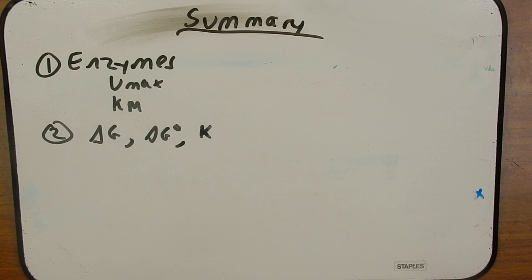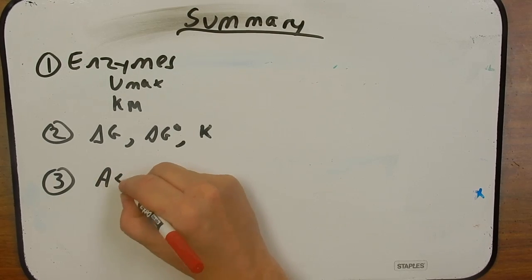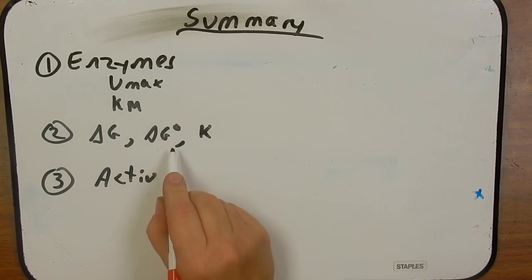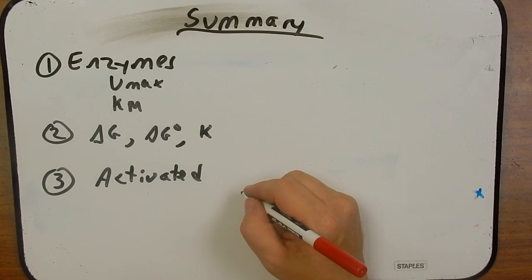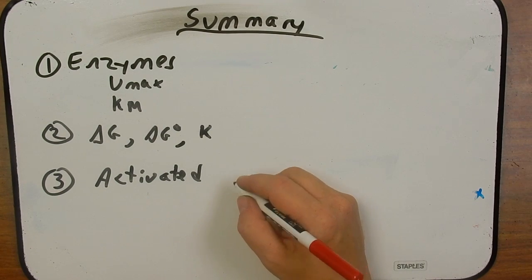And then we talked about how reactions are coupled, so that favorable reactions can help unfavorable reactions move forward. And then we closed with activated carriers, talking about how the energy created from these reactions up here from step 2 is used to carry that energy to unfavorable reactions.